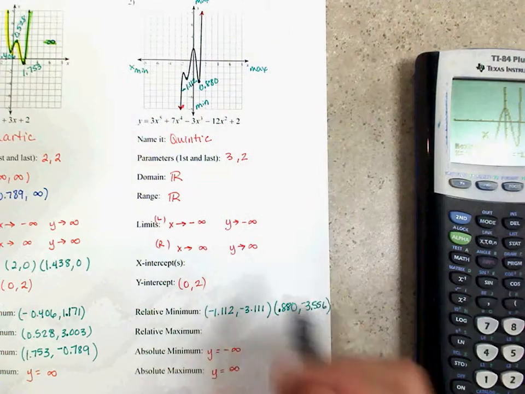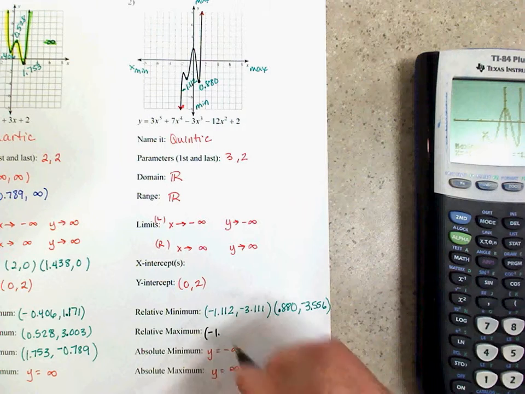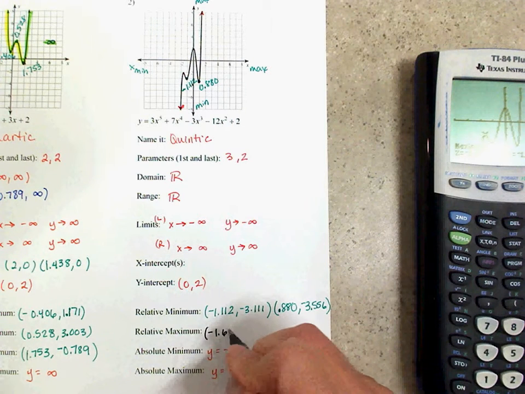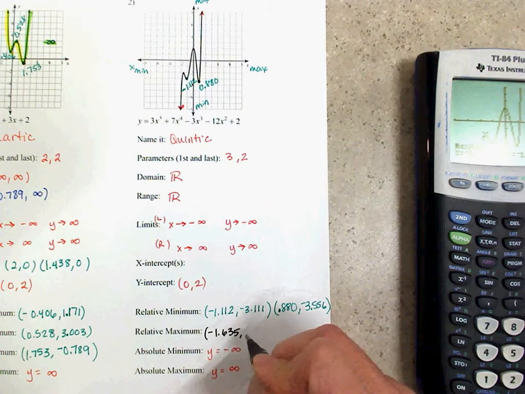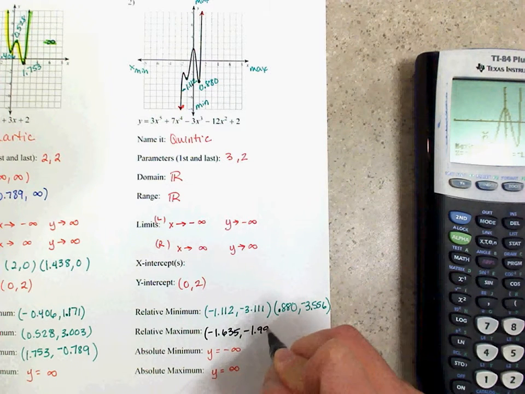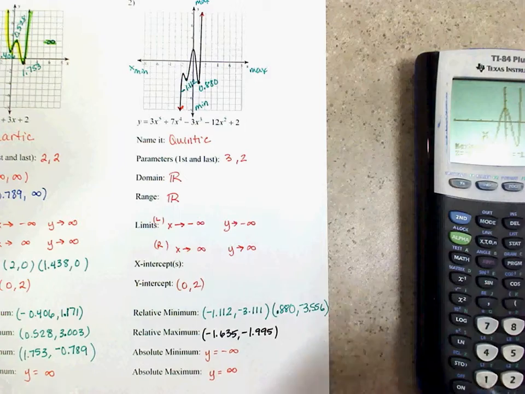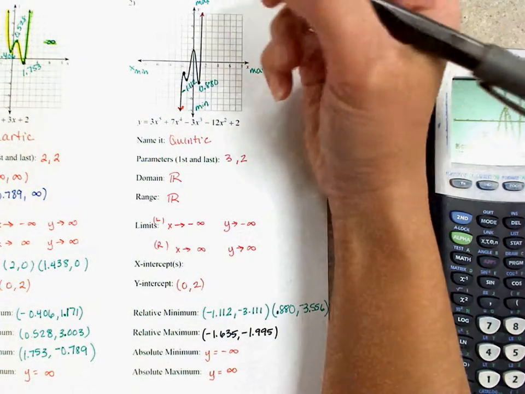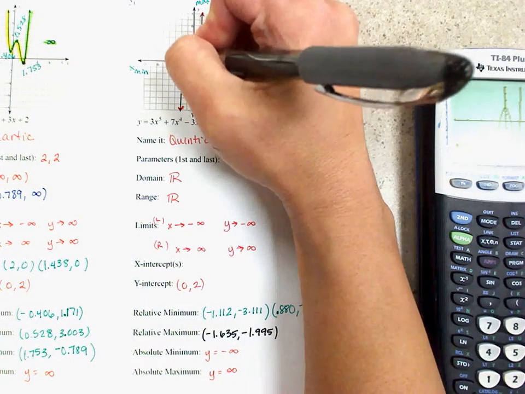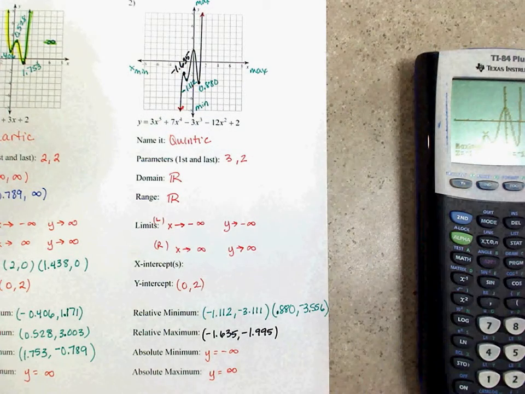Negative 1.635, comma, negative 1.995. Write your x value here, negative 1.635. It will help you a lot when you have to go do your increasing and decreasing.